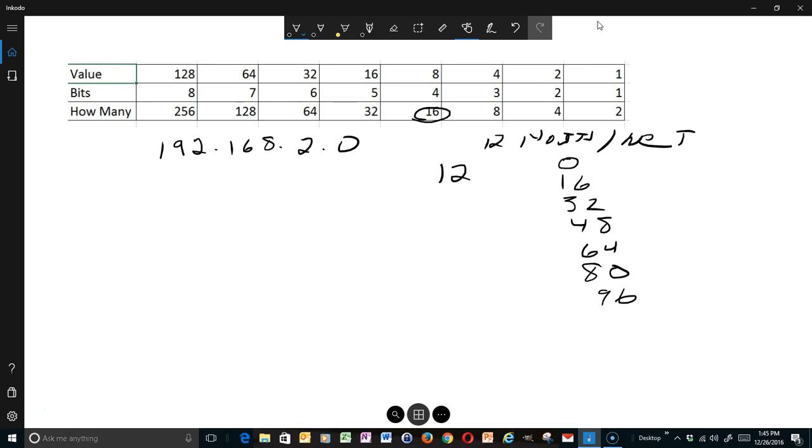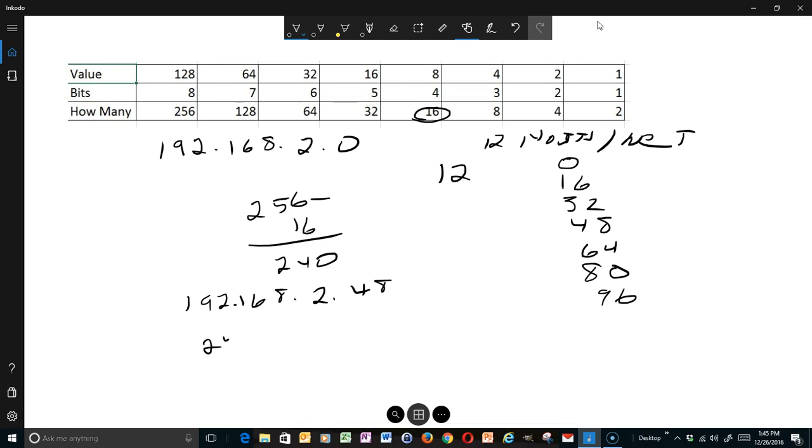So our subnet mask is going to be 256 minus our increment of 16, which is going to be 240. So the network address is 0, 16, 32, on and on. The network 192.168.2.48 is going to have a subnet mask of 255.255.255.240.